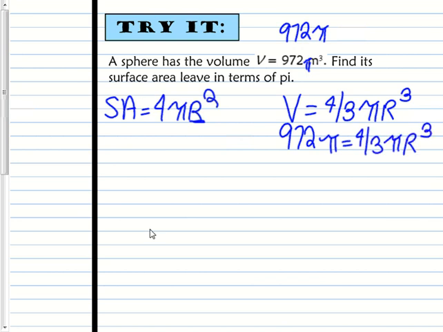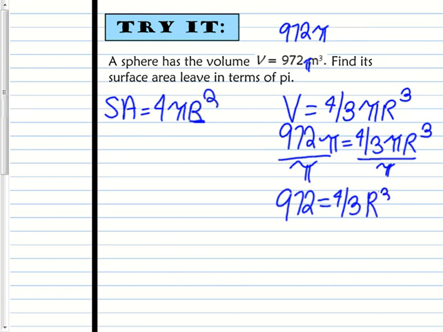And just like the last problem, I'm going to divide by pi to get rid of it. So I have 972 equals 4/3 radius cubed. Okay? I'm going to multiply both sides by 3/4 in order to get r cubed by itself.